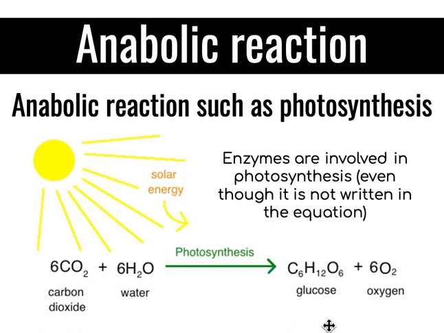Even though enzymes were not mentioned in this equation, actually enzymes are involved in the process of photosynthesis to speed up the process. And again here, the role of the enzyme in an anabolic reaction is joining these two substrates, forming this new bigger product molecule.